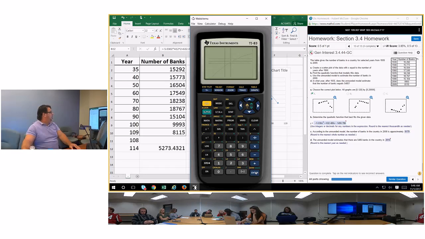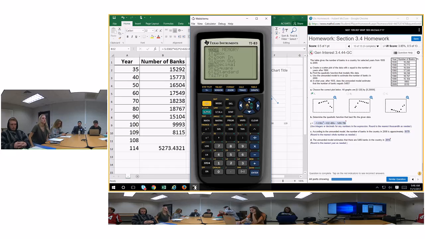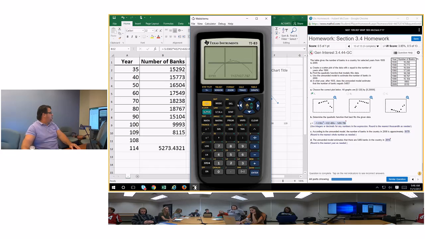There. All right, there's the function. And then there is 5,000. So what you want to do now is zoom. I'm just going to zoom box. I'm going to go into the left-hand corner of the intersection, which is right about there, and hit enter.